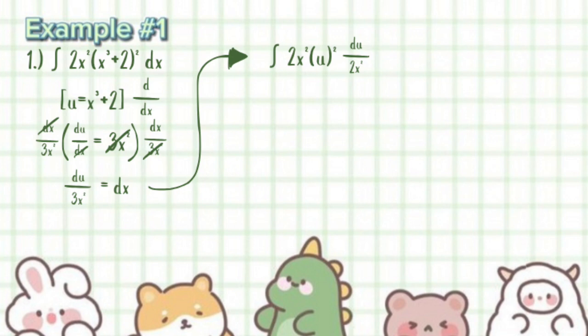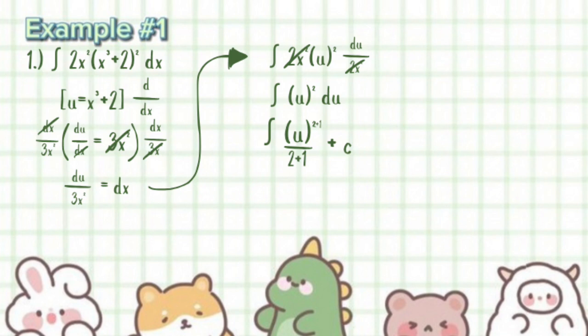As we can see here that we have a common factor which is 2x squared, so we are going to cancel 2x squared and we will be left with an integral of u raised to 2 du. Next, we are going to use one of the basic integration rules, which is the power rule.